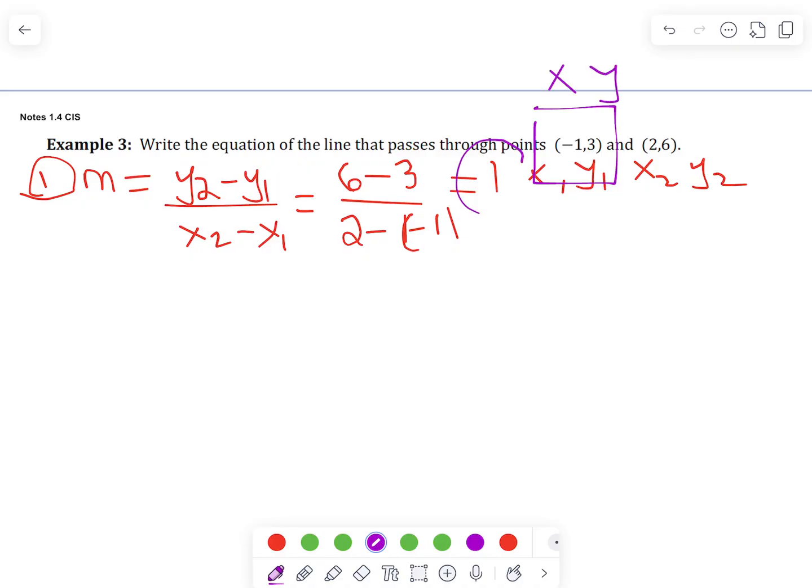And I know my slope. So step 2. So here's my y equals mx plus b. I'm going to substitute my point. My y is 3. My slope is 1. My x is -1.